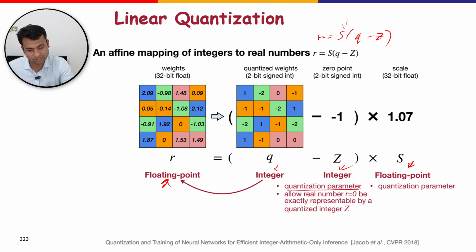So the parameters are quantized. If these parameters are, let's say, 16 million, then 16 million of such things are reduced in number, as opposed to the scaling factor, which is floating point and remains just a single value. So we allow real number r equal to 0 to be exactly represented by the quantized integer z.